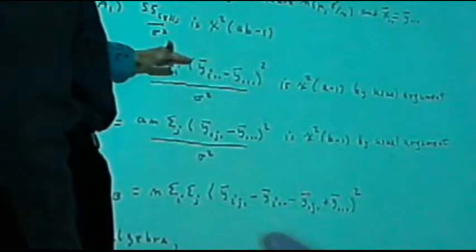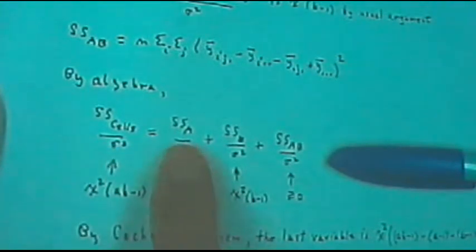Now, we're still talking about the fixed effects model, and there's an interaction parameter in the model, and there's the sum of squares for the interaction. Now this one is hard to work with. We can't easily do an argument like these to verify directly that this one has a chi-square distribution. So we take a different approach.